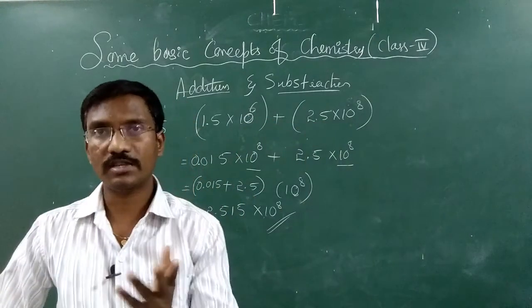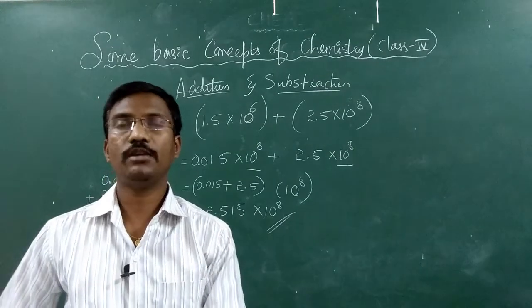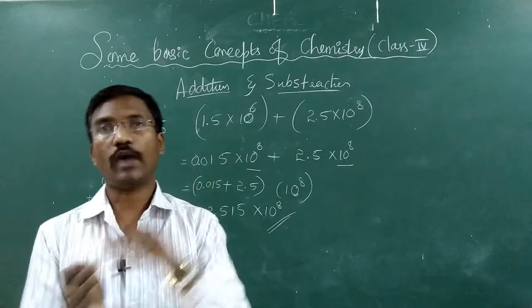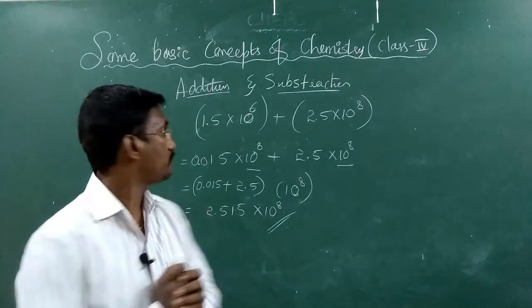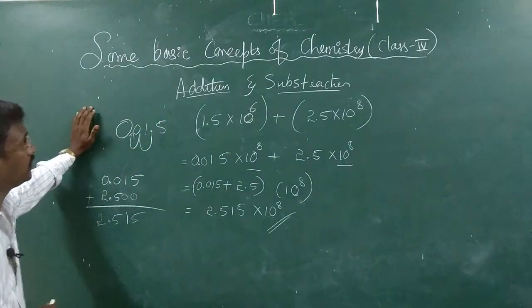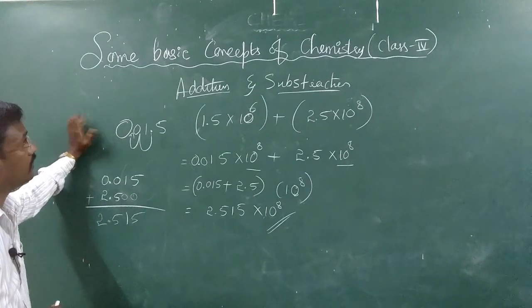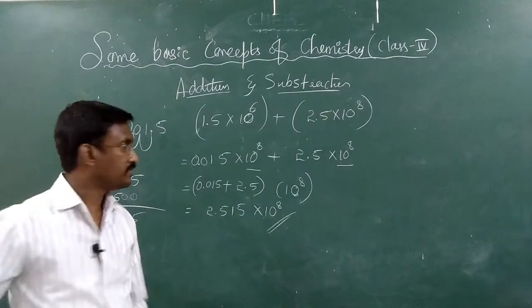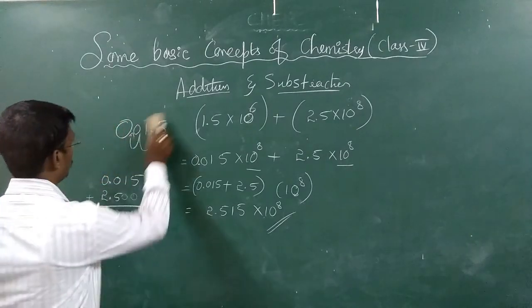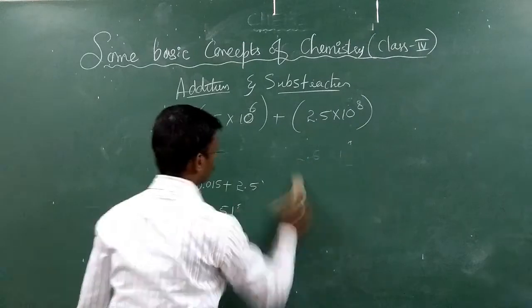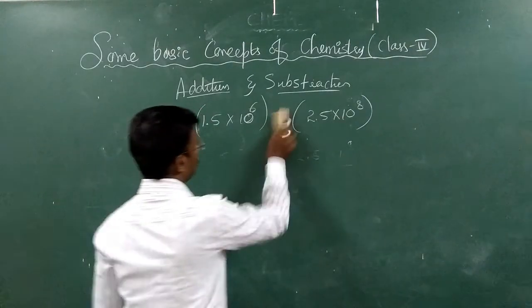If they are not the same, we have to make them the same to make a common. After taking the common, it is possible to add or subtract. So this is the kind of solving addition and subtraction using scientific notation. This is simply the addition, and next I will take an example for subtraction. The same thing.